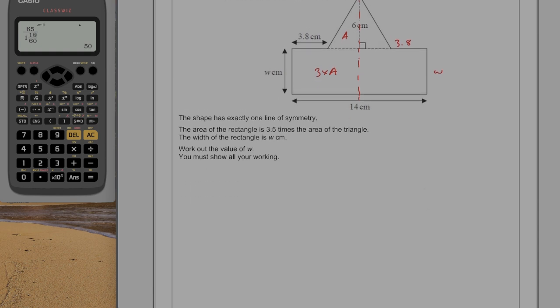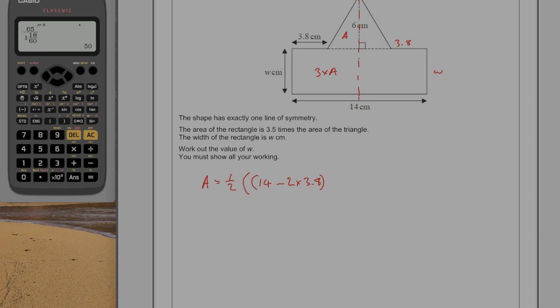Okay, so the first thing I'm going to do is work out the area of the triangle. So the area of the triangle is going to be equal to half of the base, which we can't jump straight to. We've got to use this line of symmetry fact. So 3.8, 3.8 there. So I'll put the length of the base, which is 14, minus 2 lots of 3.8.